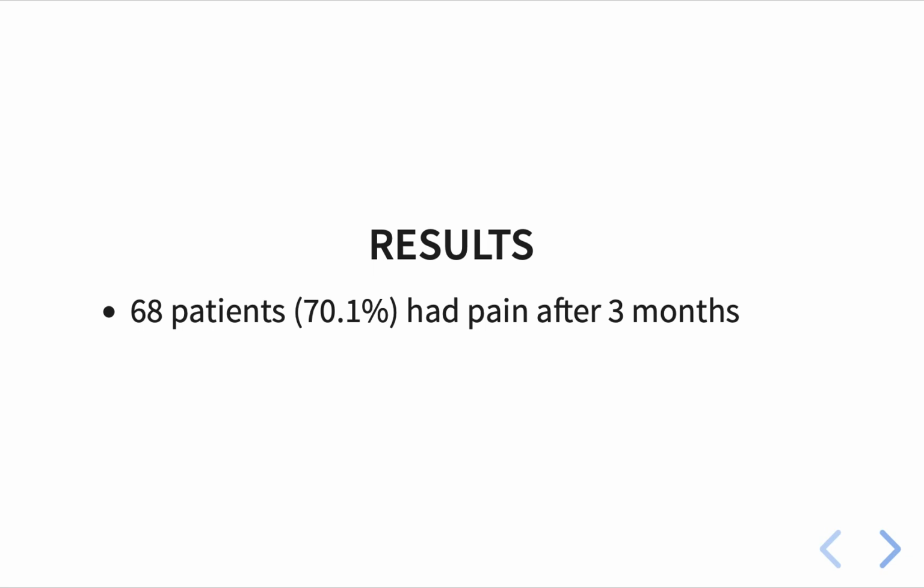What was probably the most surprising result of them all is that 70% of patients had pain after 3 months. And the reasons are debatable. One of the most obvious reasons for me is the way the question was phrased: whether or not you feel any pain in your back right now.